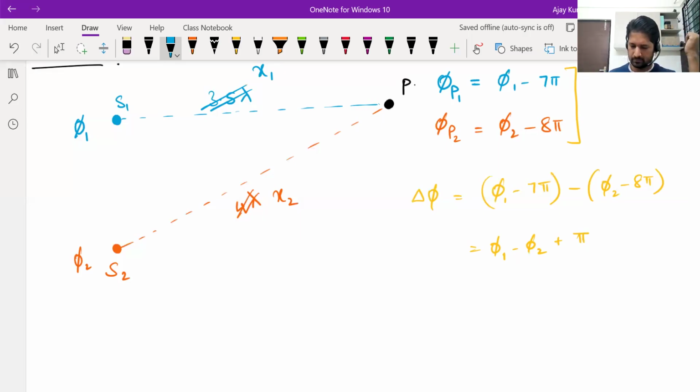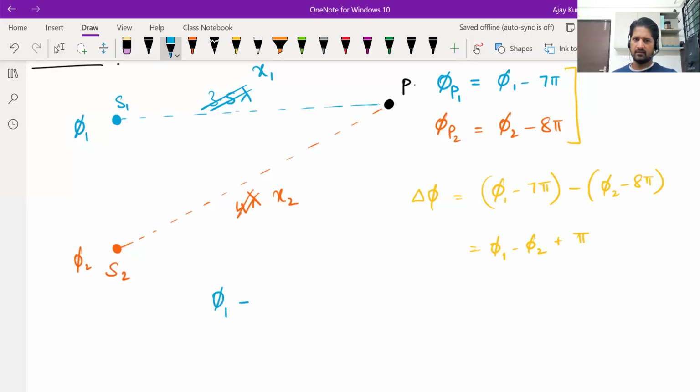Phi 1 minus 2 x1 pi? No. x1 is not the number of wavelengths. If there is one wavelength, 2 pi, two wavelengths, 2 into 2 pi, n wavelengths, 2 into n pi. Now you are saying 2 into x1 pi, but x1 is not the number of wavelengths. It's the actual distance.